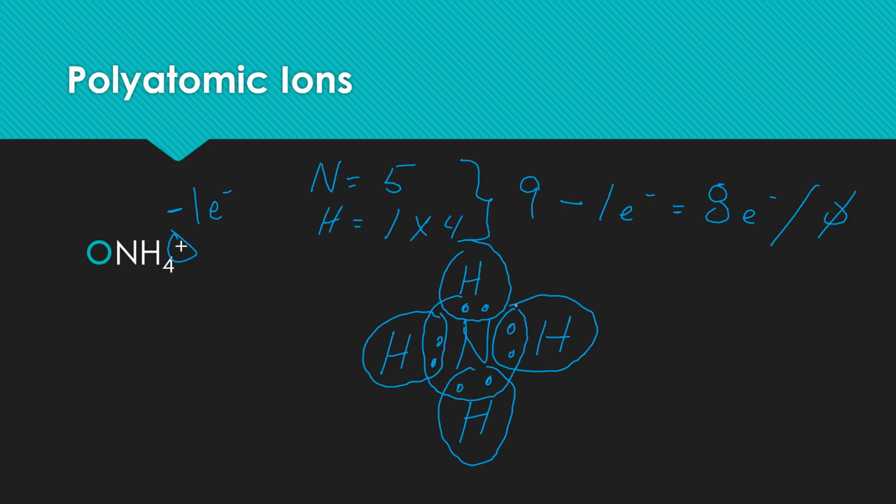Everybody has an octet, and the hydrogens have duets. So this ammonium would have the structure of H, N, H, H, H. Sorry about that. And then it has a +1 charge.